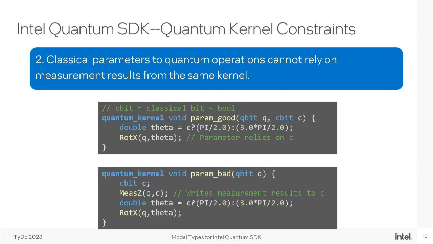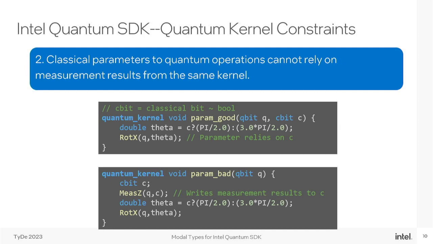But in this second example, instead of being passed in as an argument, the cbit c is first written to by a measurement gate. So the measurement gate is doing measurement, that's a quantum operation, and it writes its value to c.